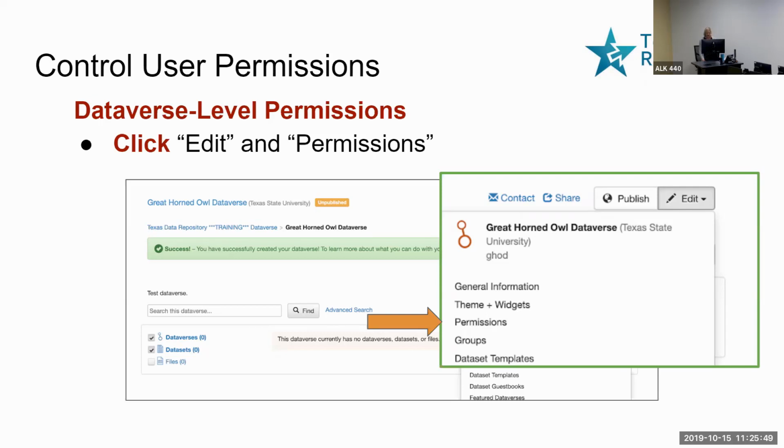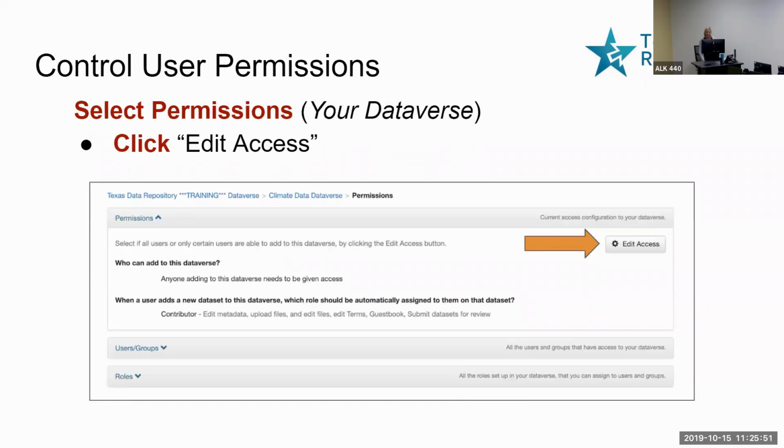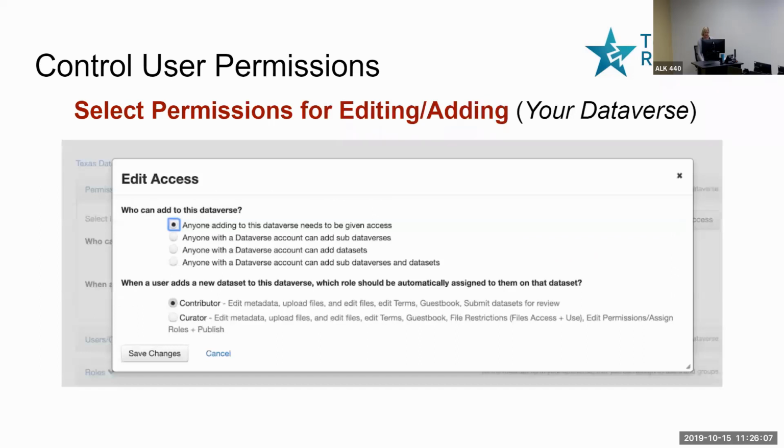And so these permissions let you decide who can access your Dataverse, their roles. So if you click Edit Access from that screen, then you should see a screen like this. And again, just to remind you, this is for your Dataverse collection at that level.